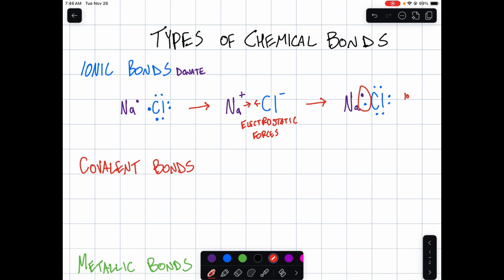So an ionic compound has just formed. Now an ionic compound forms between a metal, sodium, and a non-metal, chlorine.